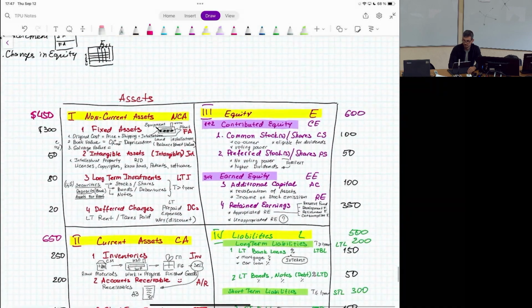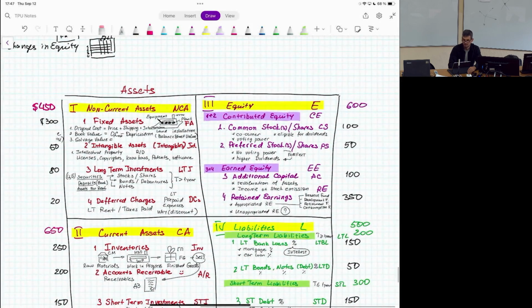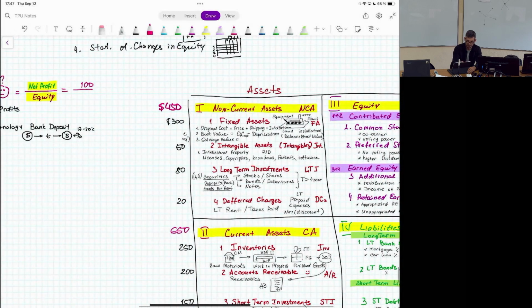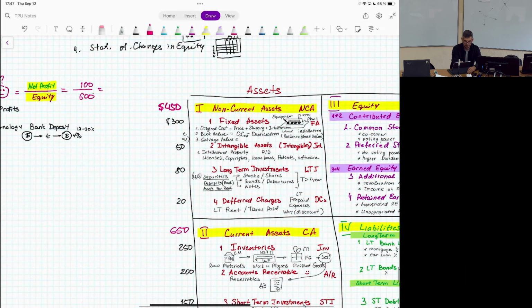You can look. 600, yes. So 600. So 100 divided by 600 gives us 1 divided by 6, or how much is that? Can anyone divide 1 by 6 on the calculator? Because see, it's less than 1, we will use the percentage number. 16%. Oh, no, almost 17. 16 point what? 0.6. 16.6%. Okay? So the return on equity is 16.6%.